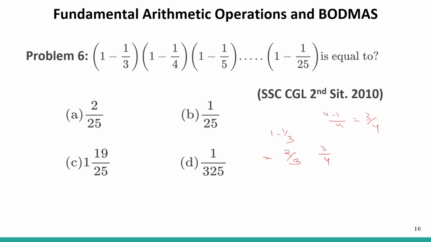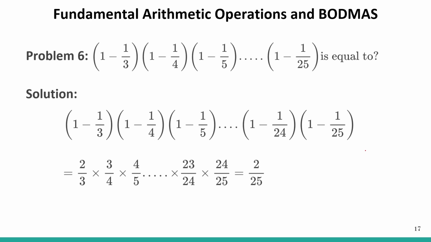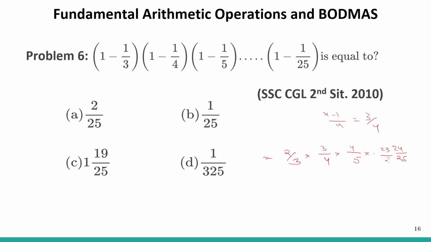Similarly this will be multiplied with 4 by 5, and so on up to 24 by 25. Before that it will be something like 23 by 24, right?